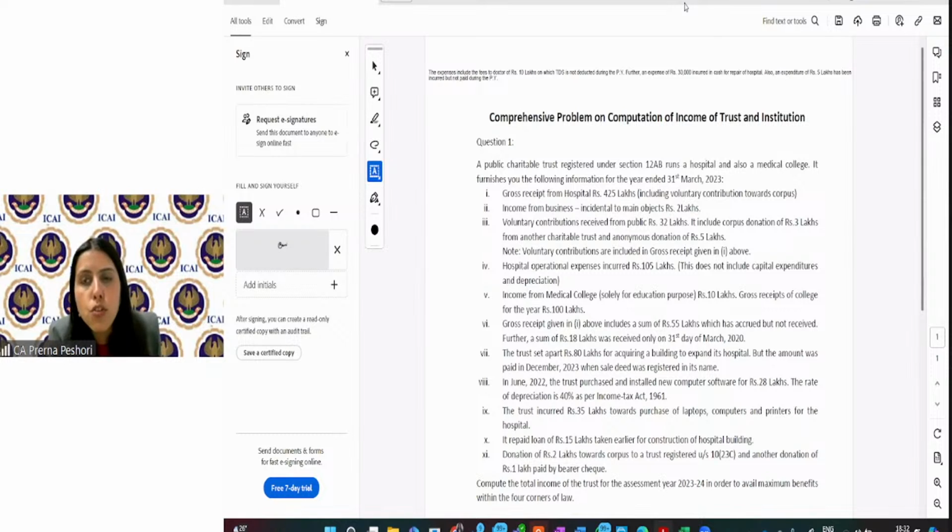So individually, the hospital has less than 5 crore gross receipts. It is not mentioned in the question whether the hospital is solely not for profit, but of course, it has received the registration under 12AB, so we understand that. But yes, what will you do in this situation?